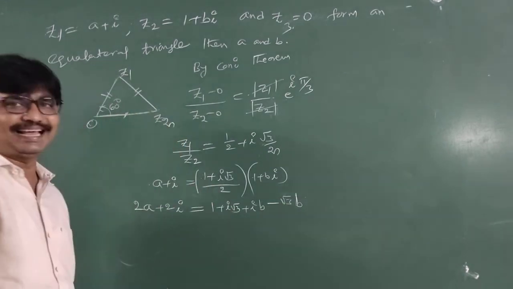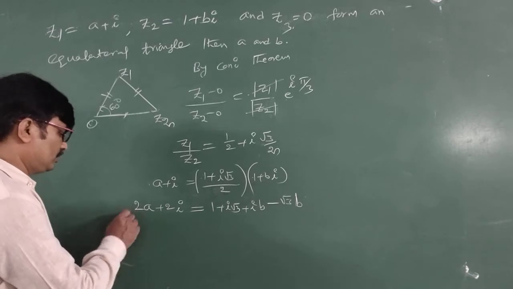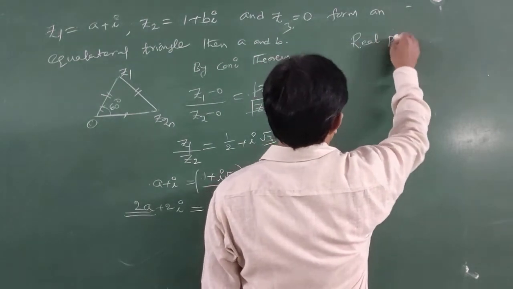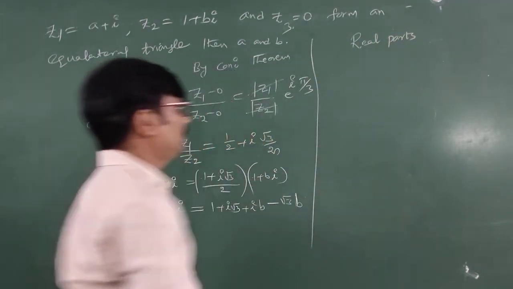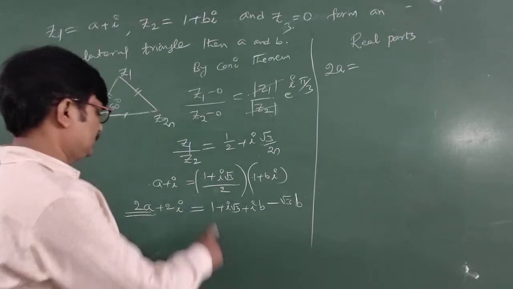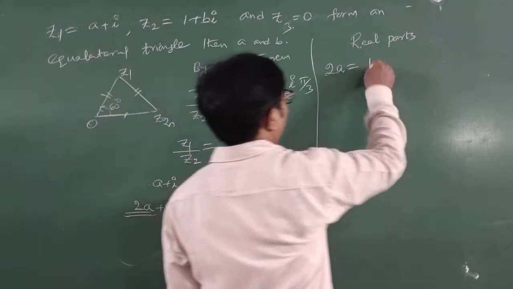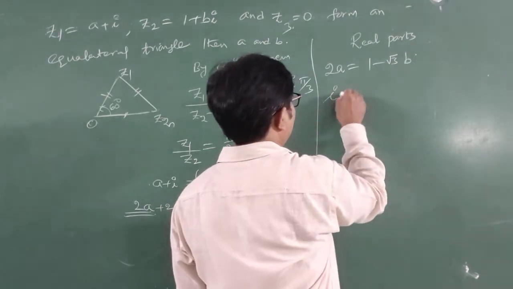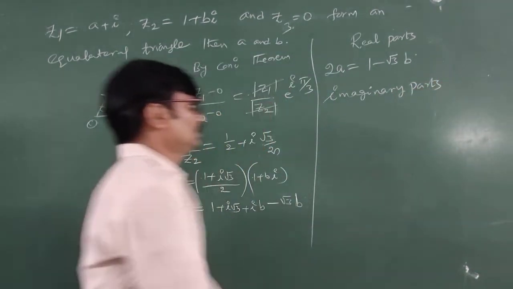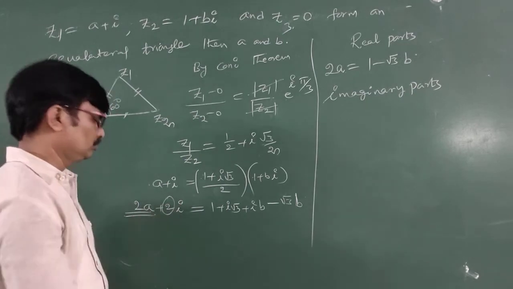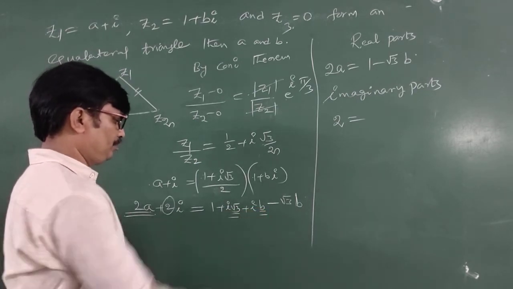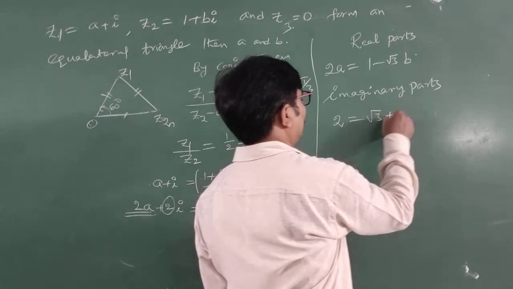Now we are equating the real and imaginary parts on both sides. First, taking the real parts on both sides, we get 2a equal to 1 minus root 3 b. Now, equating the imaginary parts on both sides, the imaginary part on the left is 2, and on the right it is root 3 plus b.